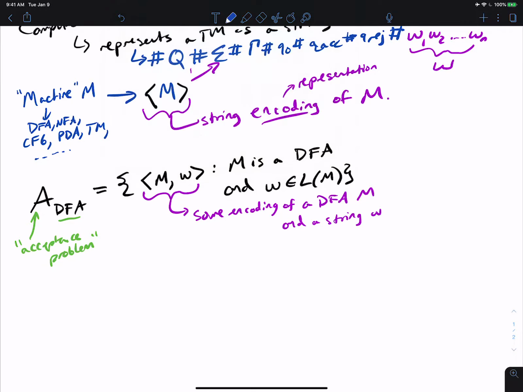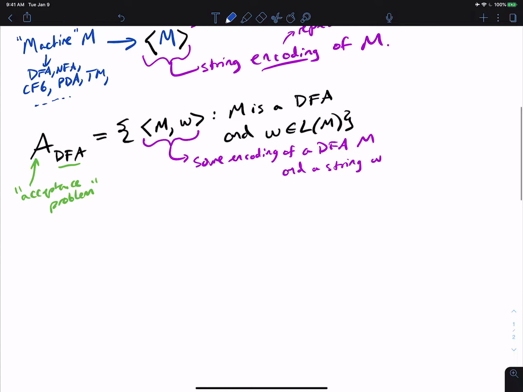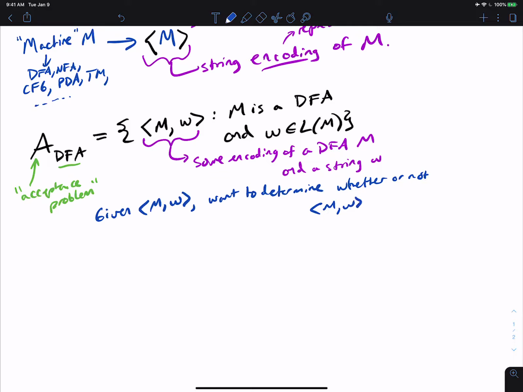And one way that we should always be thinking about languages like this is that, at a high level, we're given M and W, so we're given that string, and we want to determine whether or not that string is inside A sub DFA.